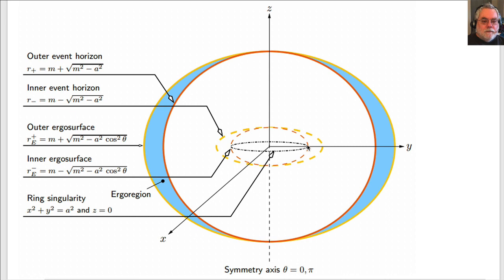Now we should think of this singularity ring as being infinitesimally thin. It's not a donut or a torus, it's an extremely thin ring in the xy plane.